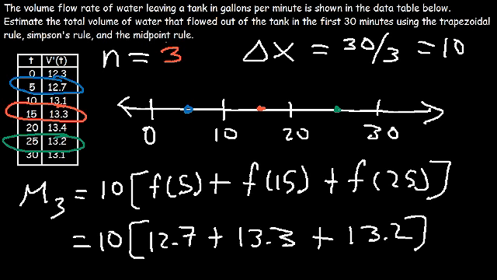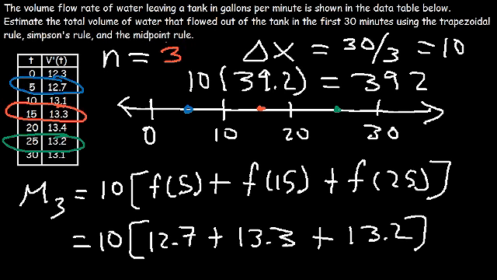So 12.7 plus 13.3 plus 13.2 is 39.2, and 10 times 39.2 is 392. So this is pretty rare when the midpoint rule, the Simpson rule, and the Trapezoidal rule all give you the same answer. So it's safe to say that 392 gallons of water leaves the tank in the first 30 minutes.